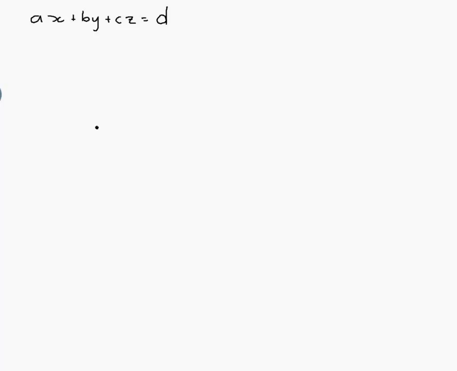So I could say that this was the point P, (1, 1, -1), and this was the point Q, (3, 2, -6), and this was a point R, (-1, 0, -2).